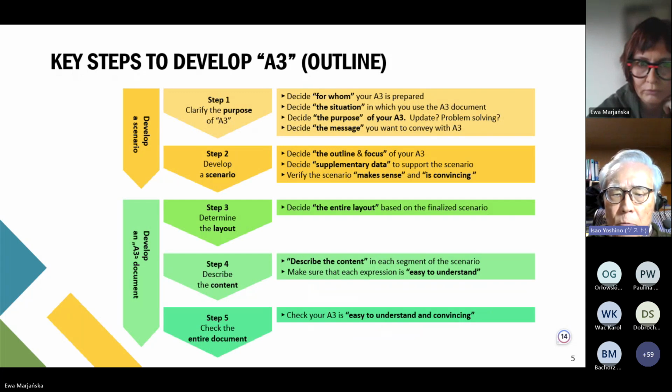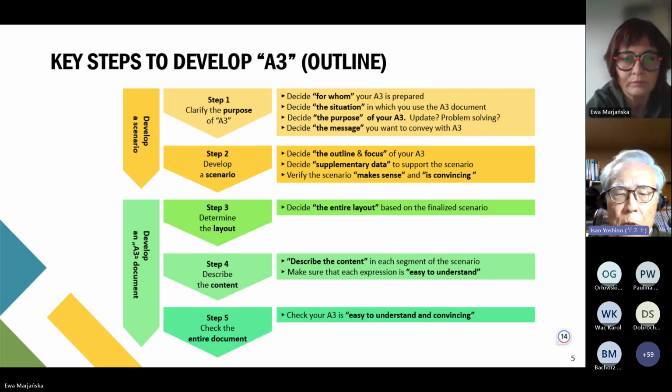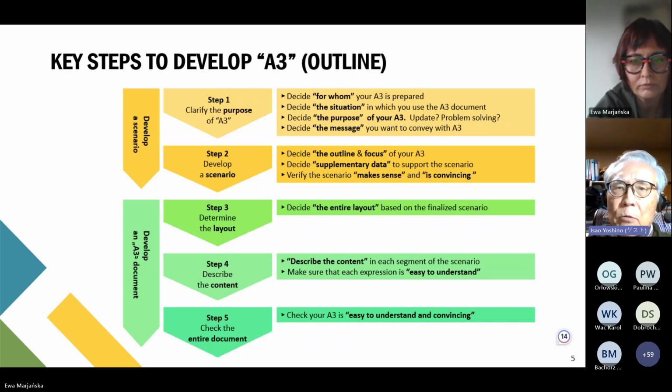I'm going to very quickly go over what is the process. What are the steps that we need to take? I put it down on the center. Step 1, step 2, step 3, step 4, step 5. And step 1, step 2 is scenario. First, you need to do that. You have to develop the scenario, the story.